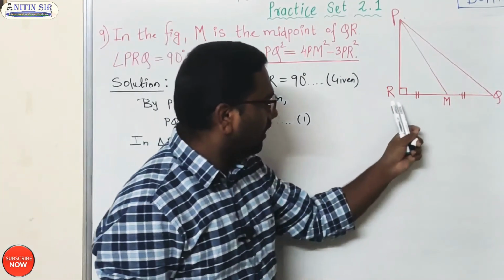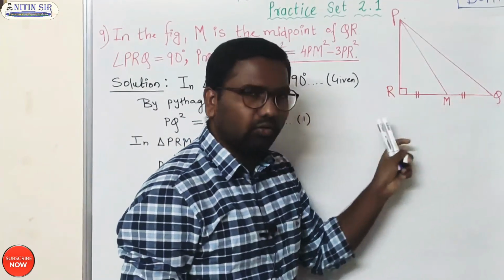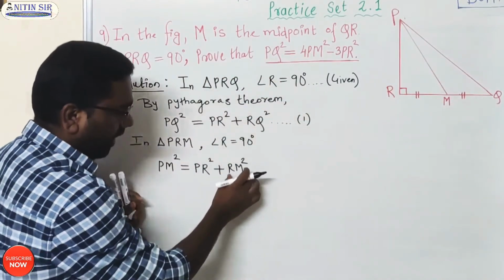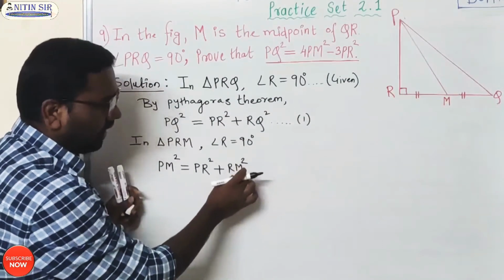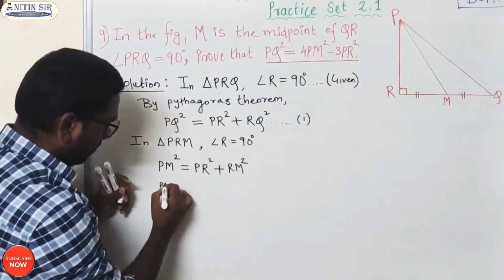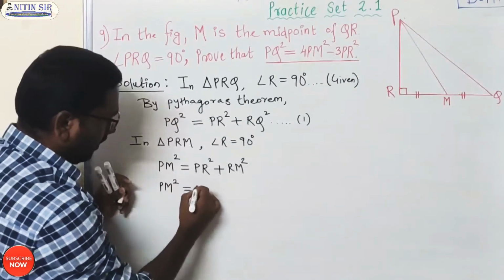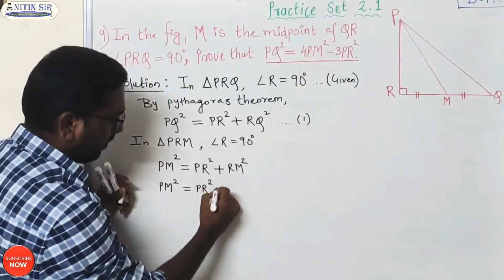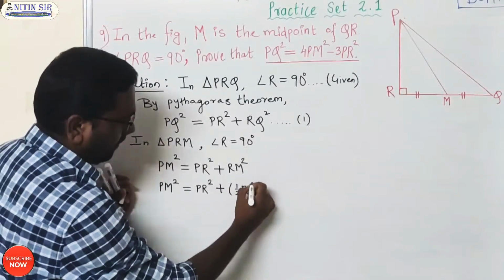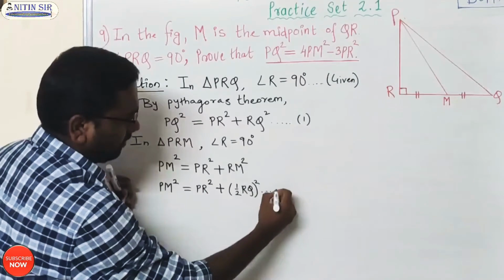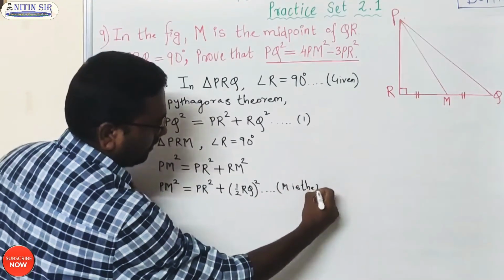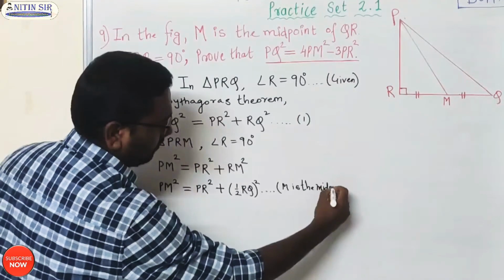When you look here, RM is half of RQ because M is the midpoint. So instead of RM square, we will write half RQ. PM square is equal to PR square plus half RQ square. Why? Because M is the midpoint.